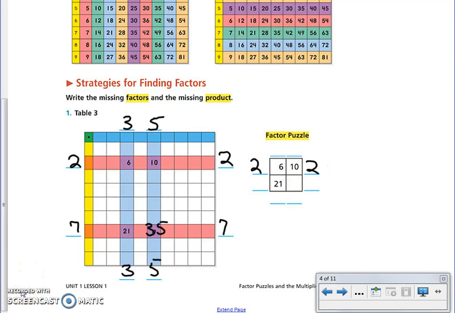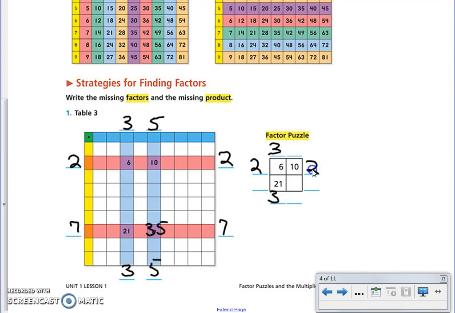Now, once you have this written down, there are a lot of places you can go. I'm going to go in this path, but you might find other pathways, and they still should give you the same answer. So 2 times what number is going to give you 6? Well, hopefully you realize that 2 times 3 is going to equal 6. So I wrote those numbers down above and below because that signifies it's the 3's multiplication table.